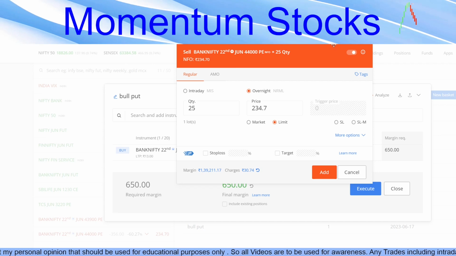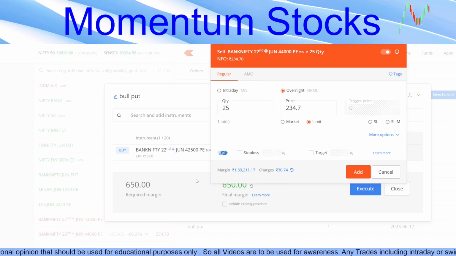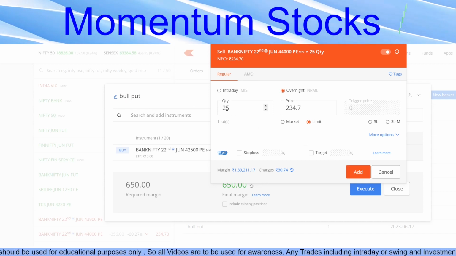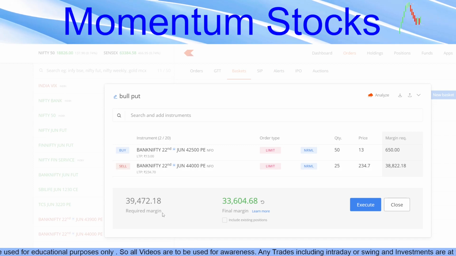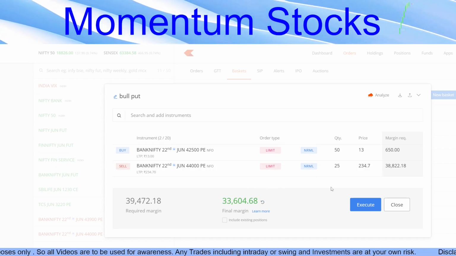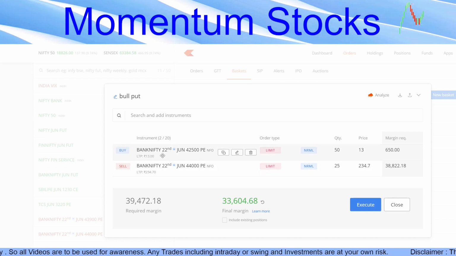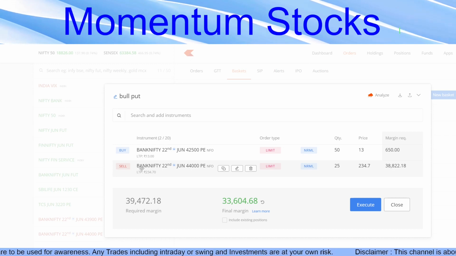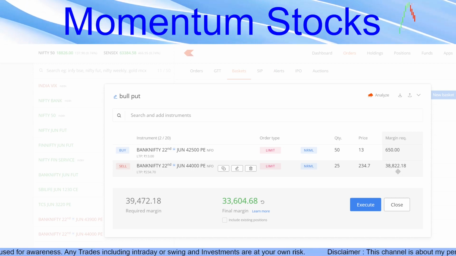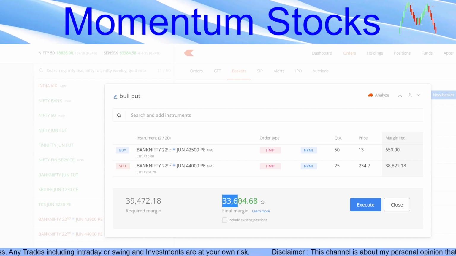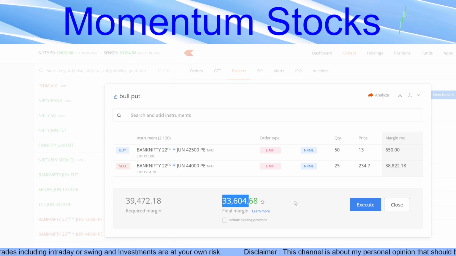You can see that the margin it has asked previously is 650 here in the basket, and I hit add with one quantity. Immediately you have seen that it is now asking a final margin of only 33,000 rupees. And as soon as I hit execute, it will first buy this put option worth 650 and then sell this put option worth 38,200, with a total margin requirement of 33,604 rupees and 68 paisa.